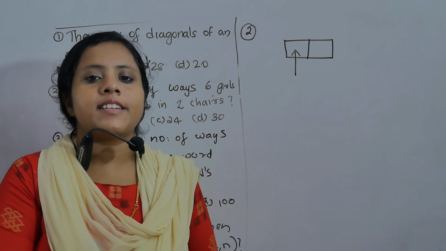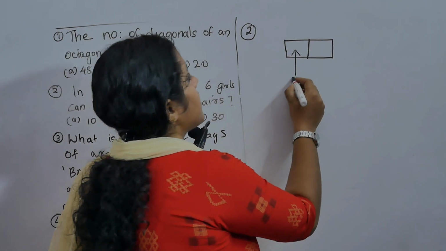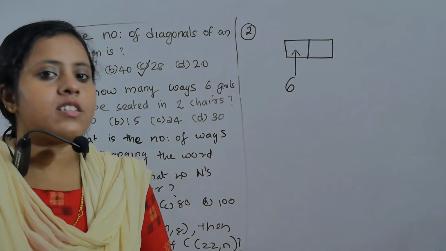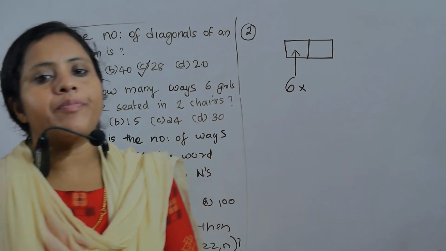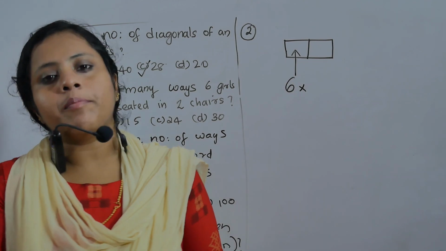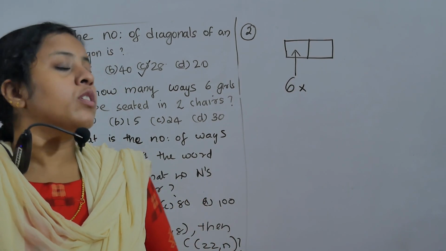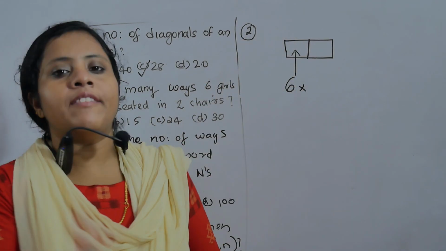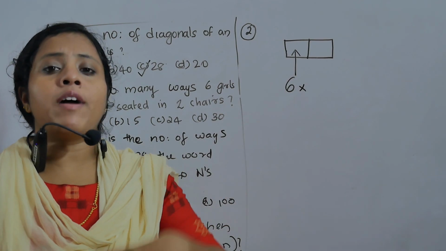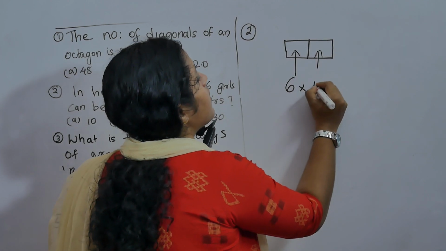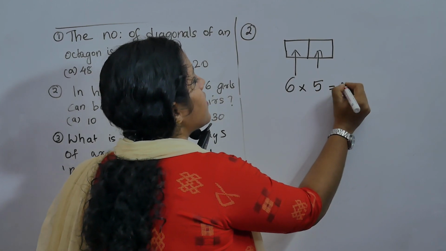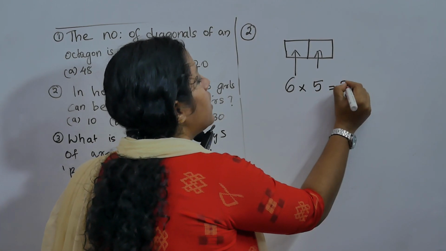Any of the 6 girls can sit there, right? So 6, and that means into. She is sitting here. Now how many girls are remaining? 5 girls. Any one of those 5 can be seated in this chair. So 6 into 5, that is 30.